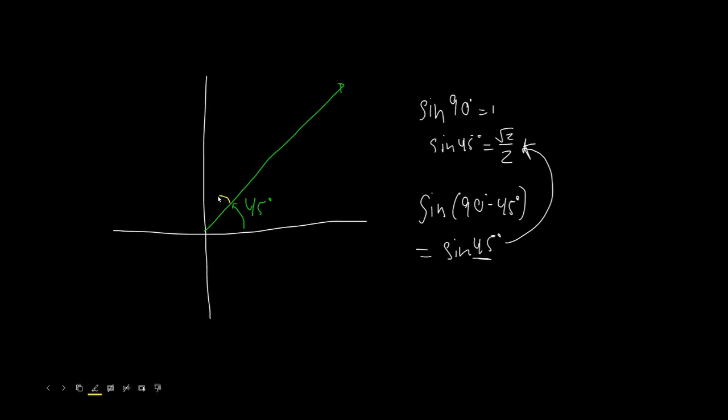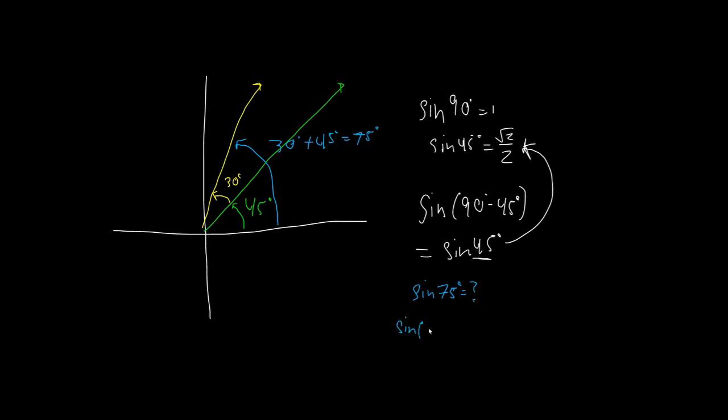So right here, for example, I have 30 degrees, and I want to know the whole value of it: 30 degrees plus 45 degrees, which equals 75 degrees. So what is sine of 75 degrees? Or to write it in a different way, what is sine of 30 degrees plus 45 degrees?